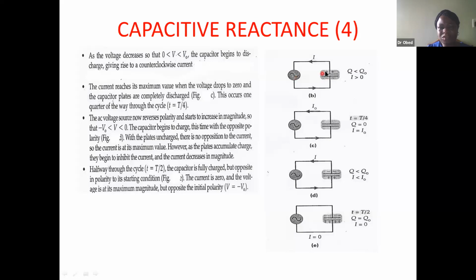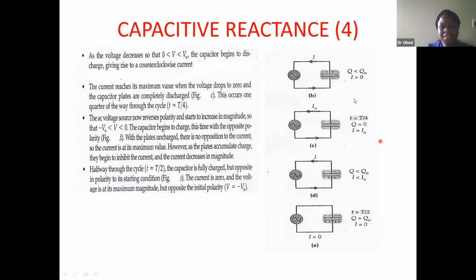Before, you could see two positive signs here and two negative signs here in the first circuit diagram. But here it is decreasing, and current is flowing.